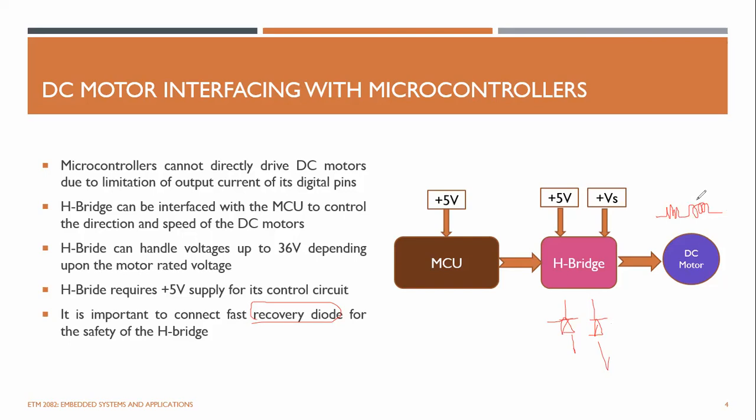Equivalent circuit. So there's an inductive load, so you have to have some kind of freewheeling diodes when switching an inductive load. So you need to have fast recovery diodes when you're using an H-bridge. I will explain how to use them. So for now, remember, this is how we couple the microcontroller to a motor.